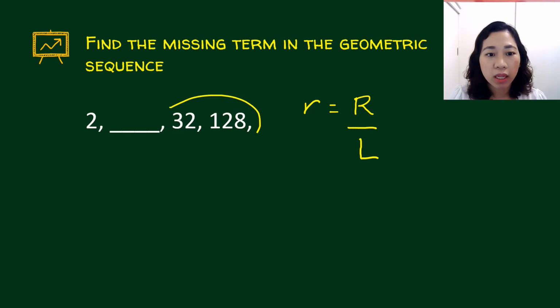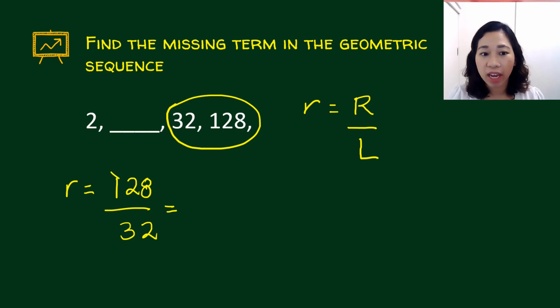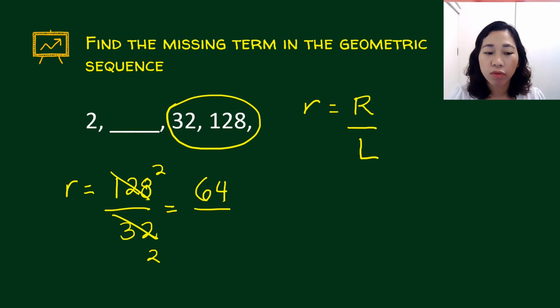So I will now look at these two terms over here, 32 and 128. So from there, what will be my r? The right term is 128 over left 32. And what is that? Okay, if you want, you can divide both numerator and denominator by 2, just so that it will become smaller. 128 divided by 2 is 64 over 32 divided by 2 is 16, right?